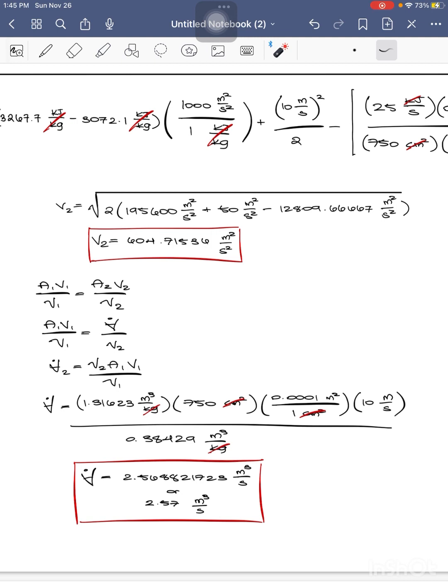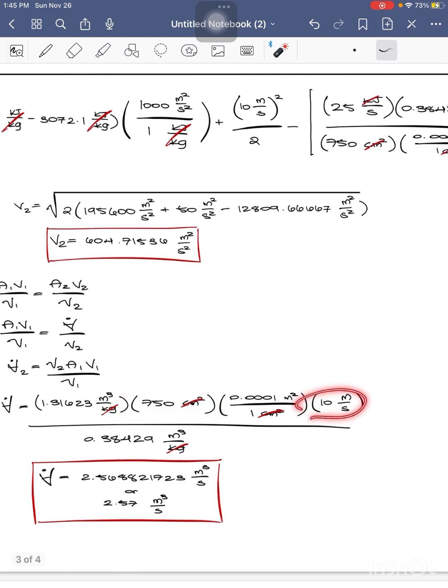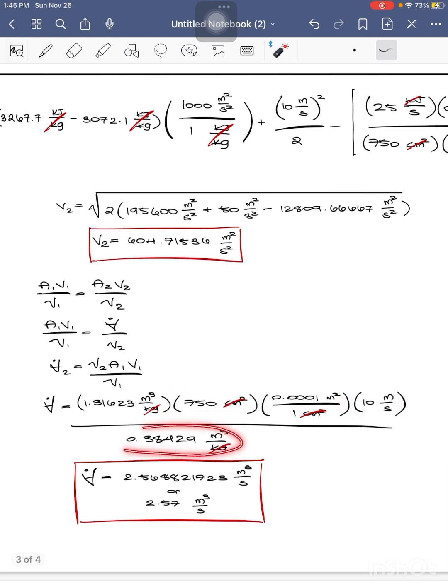Next, I input the values for specific volume 2, area sub 1, velocity sub 1, and specific volume 1. As you can see, I canceled the cm squared in the given area using 0.0001 m squared over cm squared, changing it into m squared.